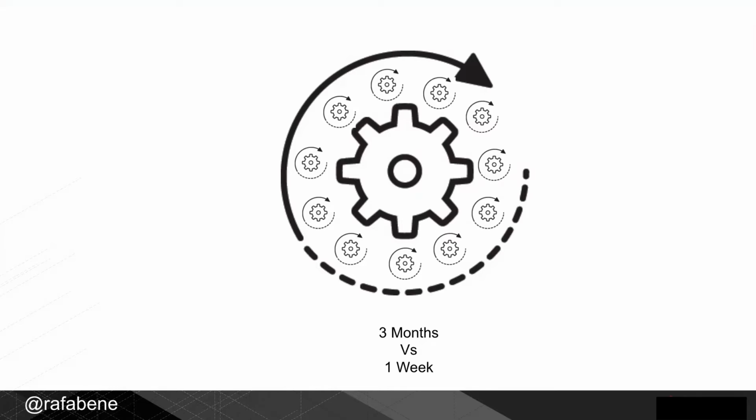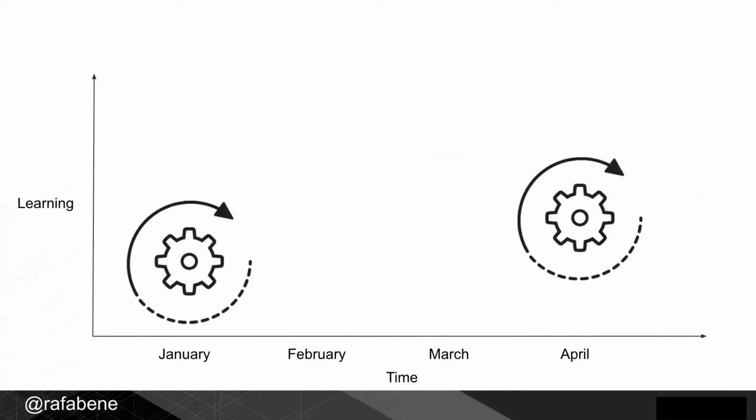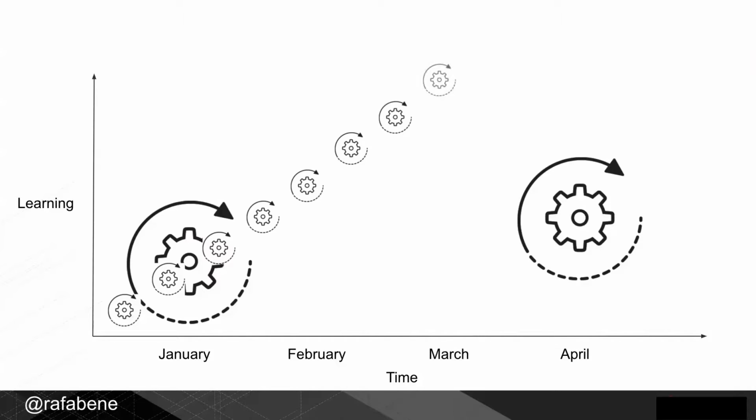your software in 1 week, how many learning opportunities you would have, and how much your software would improve in questions of months when you compare to a development cycle that takes 3 months, right?